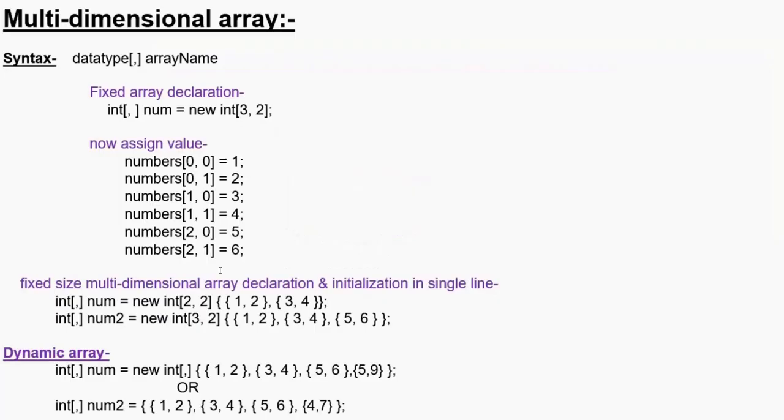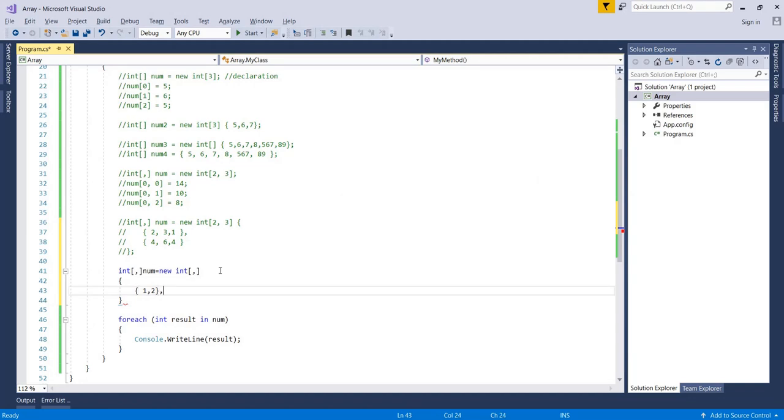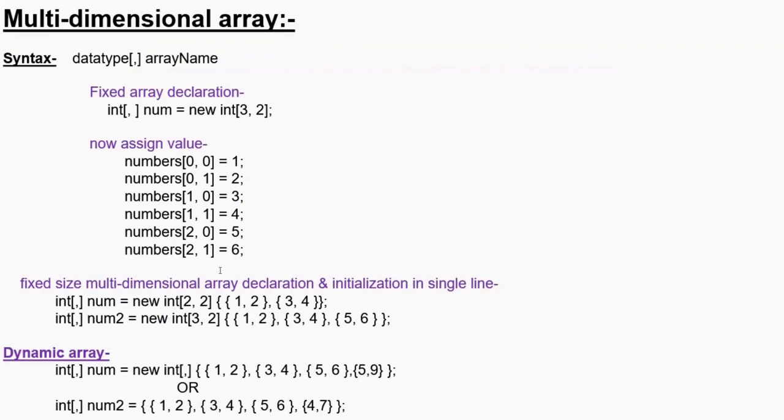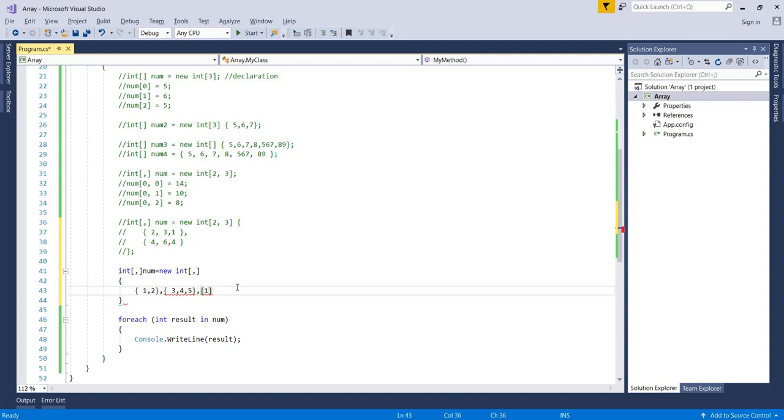So first I can give 1 comma 2, and then comma, this time I will give 3 comma 4 comma 5. This time I will give only one value. This is a 2-dimensional array. Why is it giving an error? We will have to look into this. Put a breakpoint here.